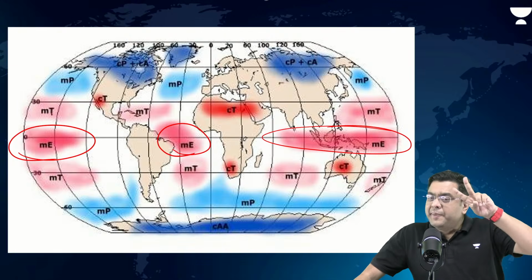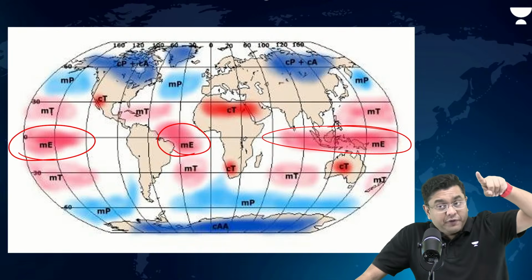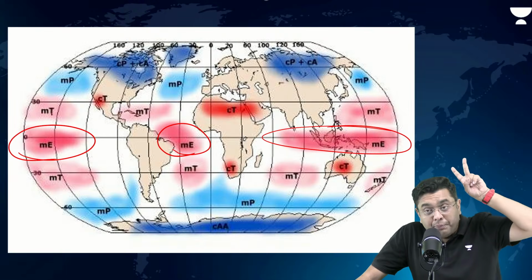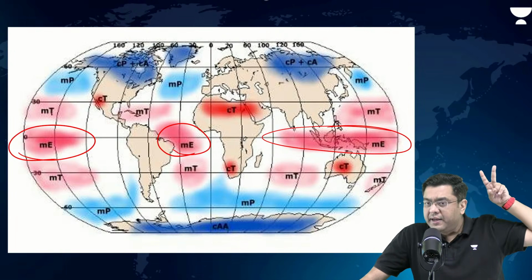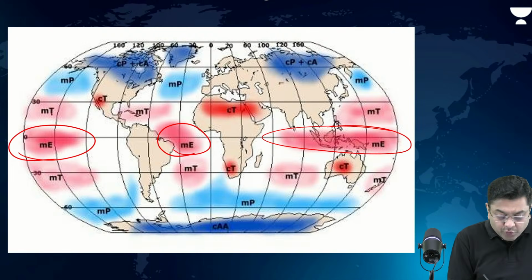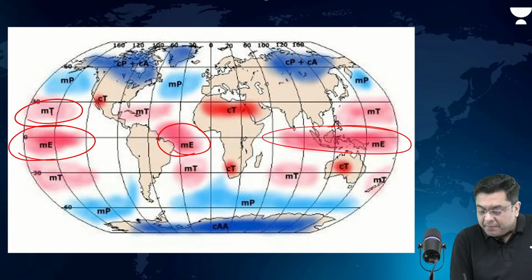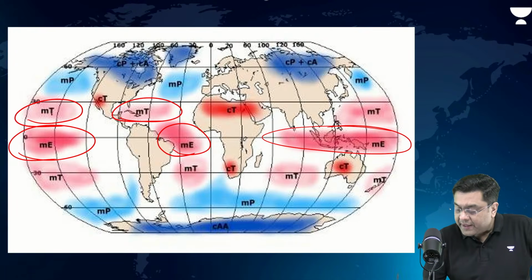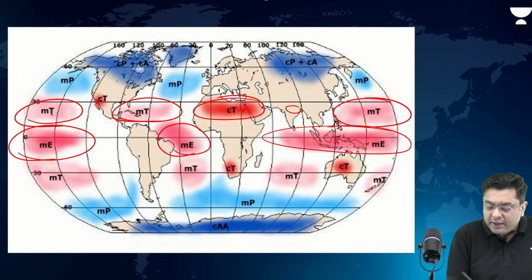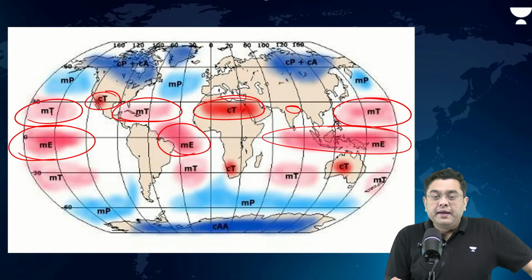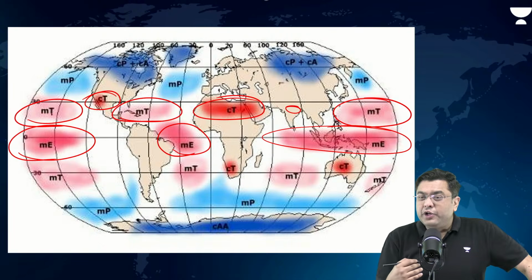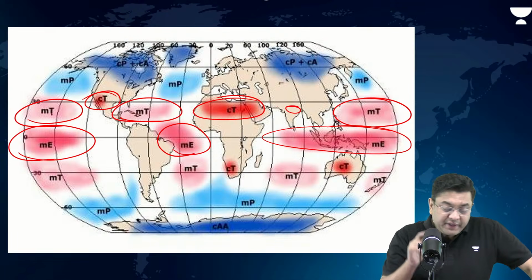Please understand, air masses have two properties, one of temperature, one of moisture level. So both of them have to be targeted and understood. Then look at the tropical region. You have maritime tropical here, maritime tropical here, continental tropical, here also continental tropical. Then, other than that, 50° to 60° latitude, polar, isn't it?